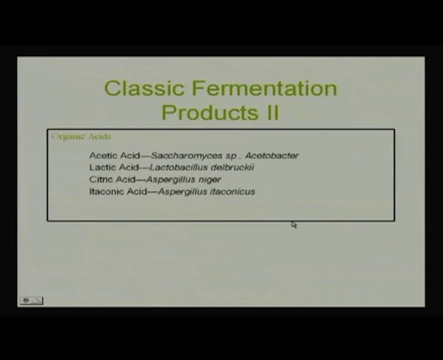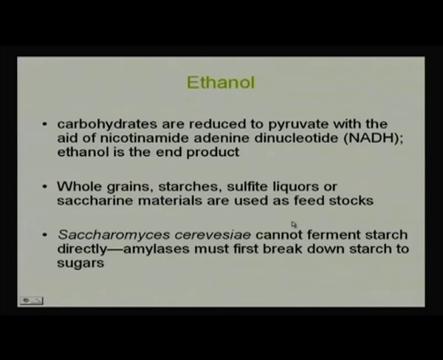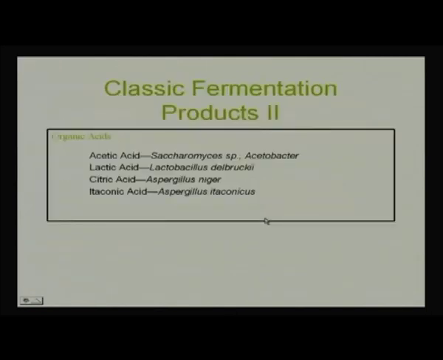Now, when we are talking about fermentation with other products, it is a little bit different, like acetic acid, which can be produced with the intervention of Saccharomyces species.